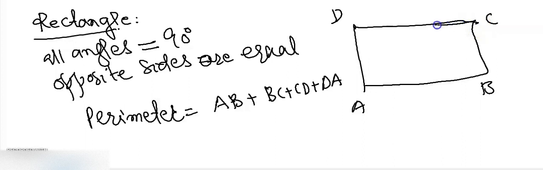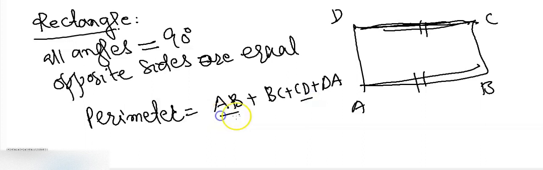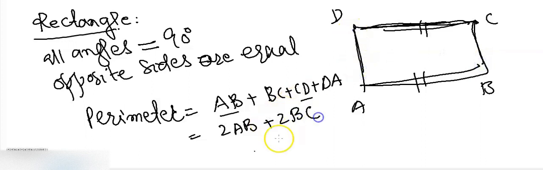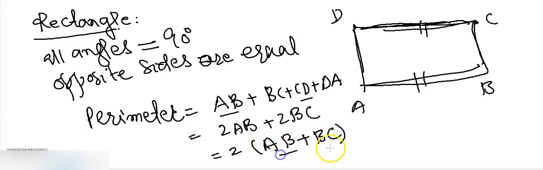But since AB and CD are the same, equal, I can write 2 times AB, and then BC and DA are the same, so you can write 2 times BC. So the formula becomes 2 times (AB plus BC), and these are calculated using the distance between 2 points formula.